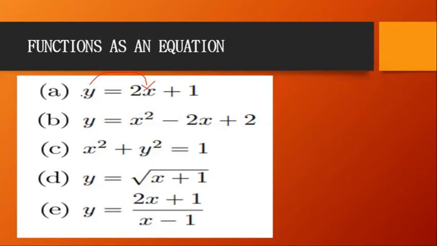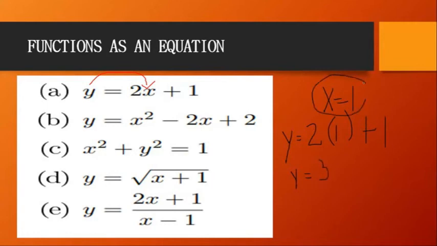Okay? For letter A, we have y is equal to 2x plus 1. Let's say ang x natin is 1. And then we have y is equal to 2x plus 1. Y is equal to 2 times 1 plus 1. And then we have 2 times 1, that is 2, plus 1, that is 3.